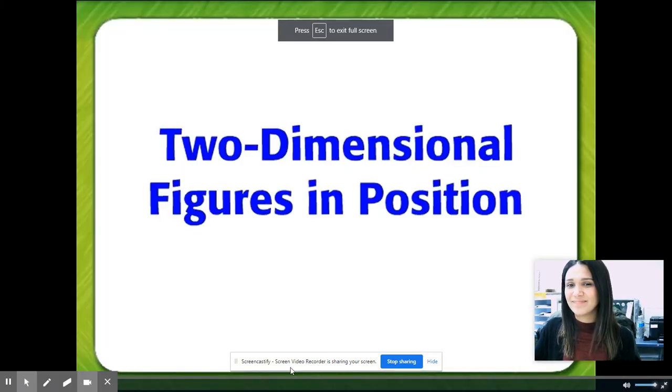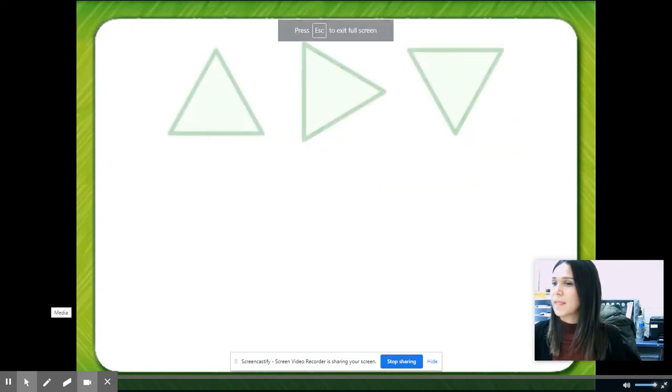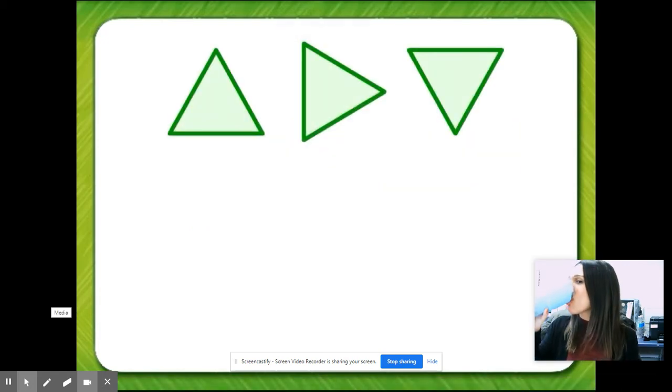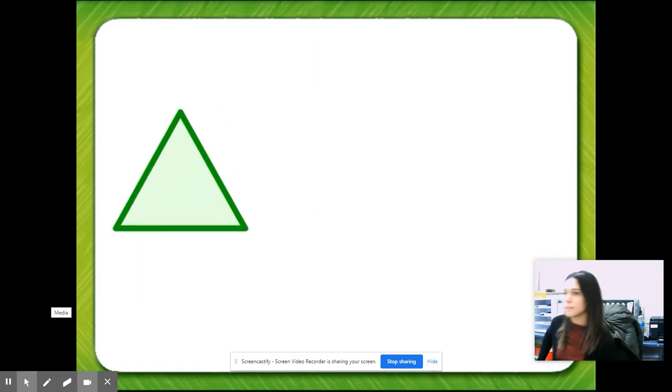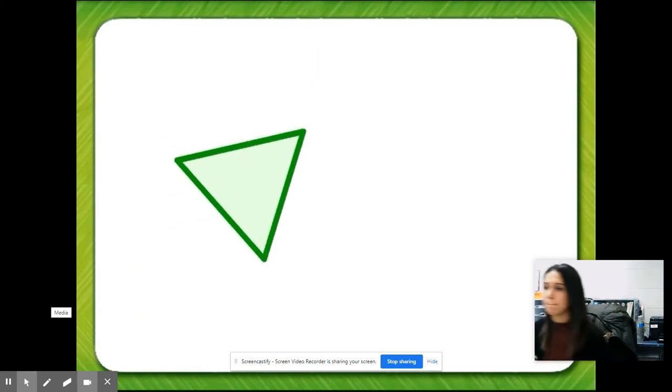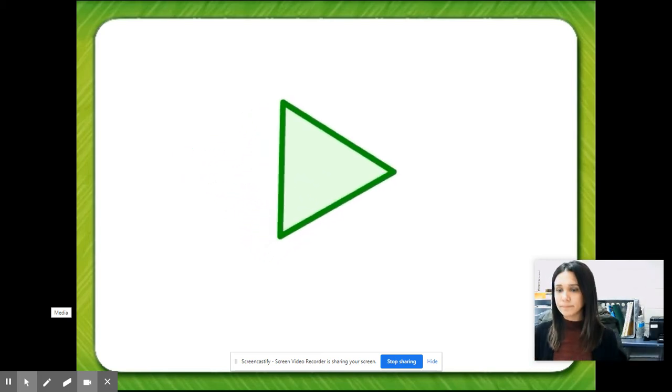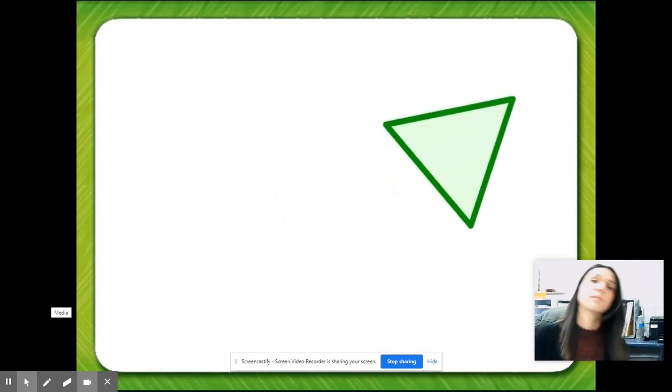Two-dimensional figures in position. Did you know that you can turn a triangle and a square so they are in different positions? Just watch. First is the triangle. Watch as the triangle turns and turns again.